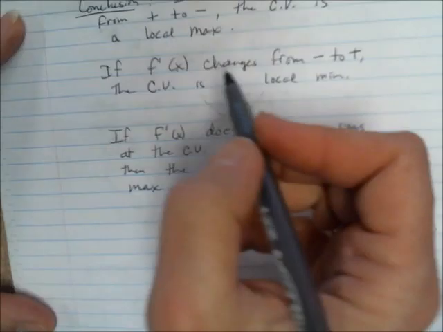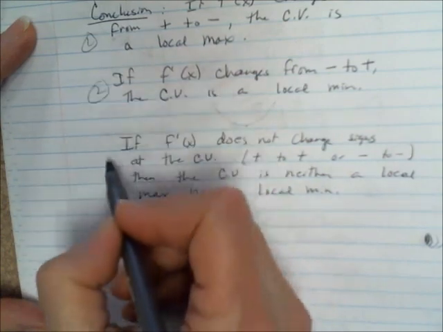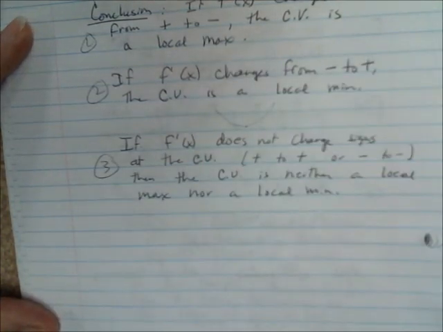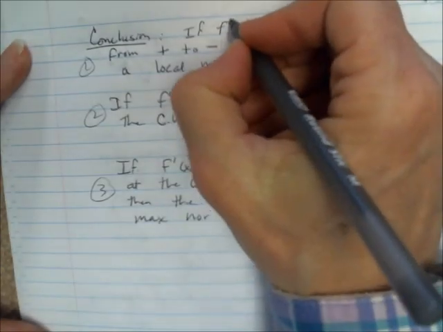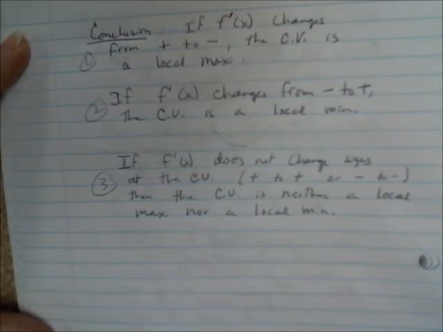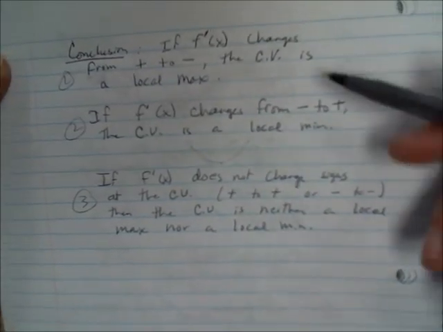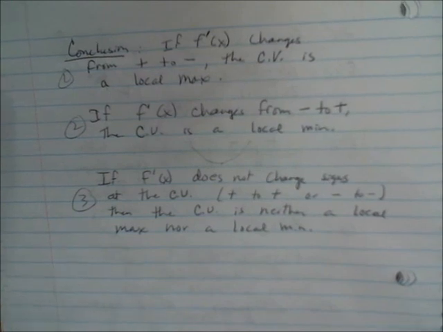So you have really 3 conclusions here, 1, 2, and 3, depending on the change of the first derivative. So the first derivative table is a really quick and easy way to figure out whether you have local mins or local maxes at your critical values.